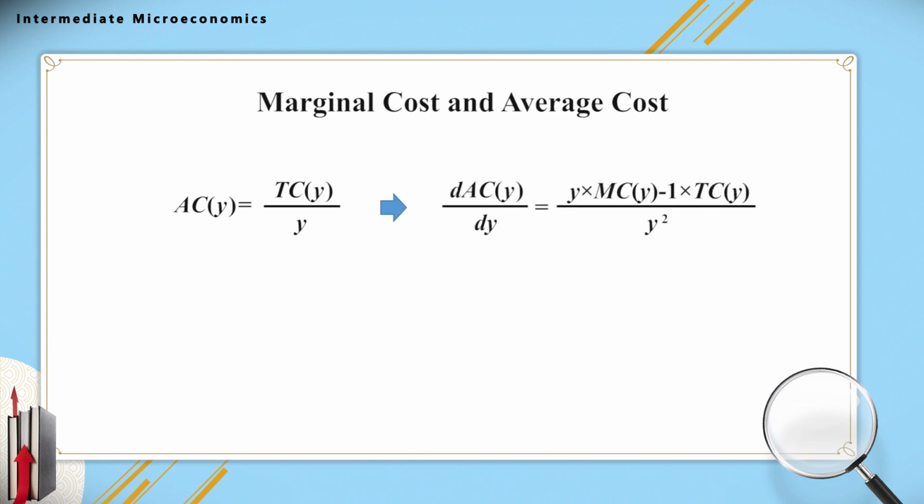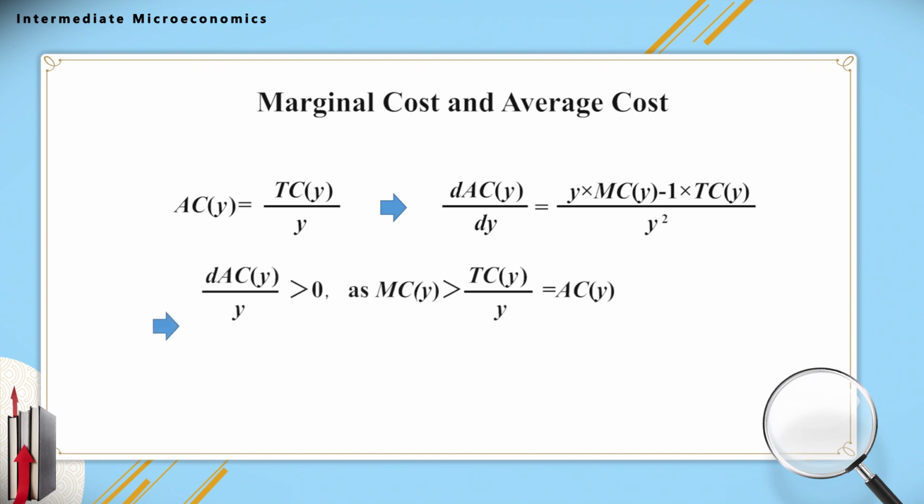We next use mathematical tools to discuss the trend of the AC curve. If we differentiate the AC function with respect to y, the sign of the resulting function shows whether the slope of the AC curve is positive or negative. If we rearrange the function, we can see that if the marginal cost is greater than the average cost at some output level, the slope of the average cost curve is positive.